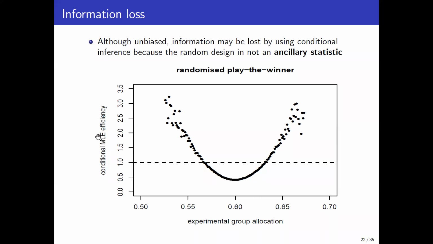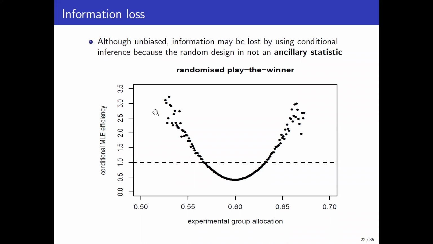This is the efficiency of the conditional approach relative to the unconditional approach for the adaptive randomisation example. For the very typical design realizations, the conditional approach is quite inefficient compared to the unconditional approach. The efficiency is down as low as 50% almost.